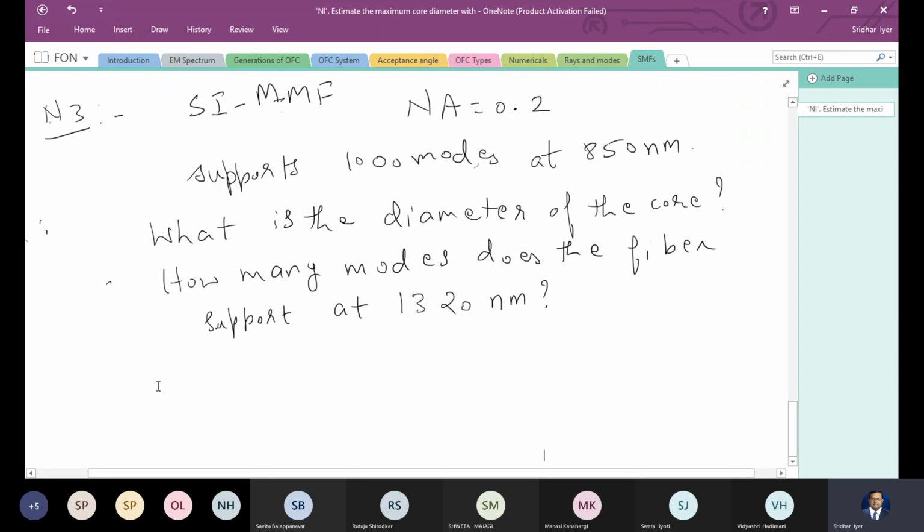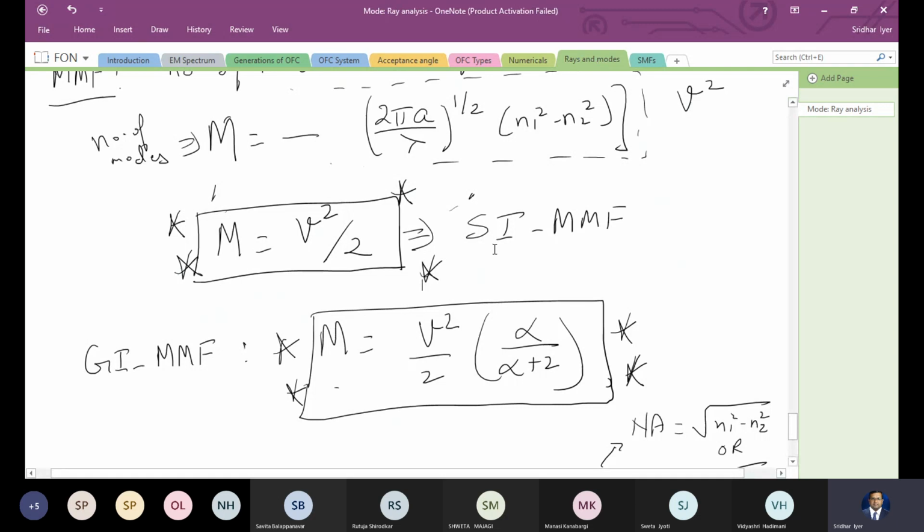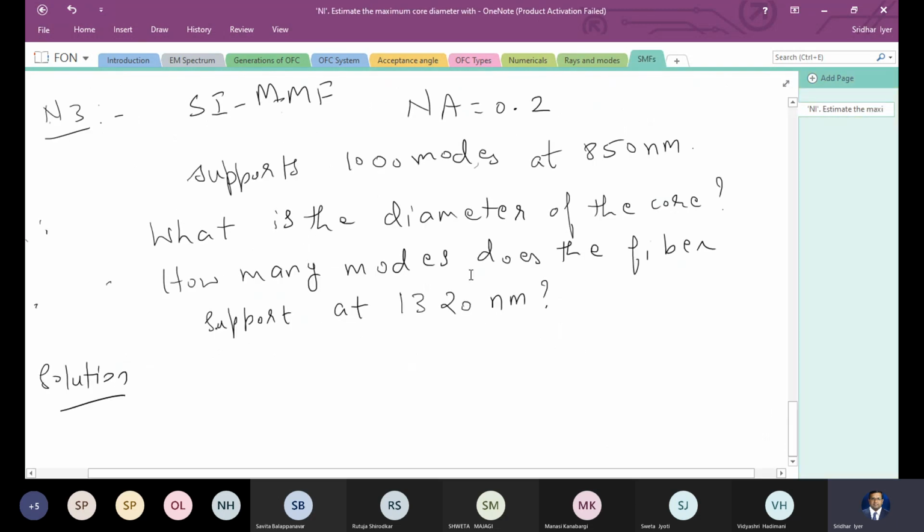In the question we are given that this multimode fiber is a step index fiber, right? So if I go back to the previous lecture, for a step index fiber, M is V square by 2. So let me rewrite that. The number of modes is V square by 2 for a step index multimode fiber, and that is the fiber which we are given, right?